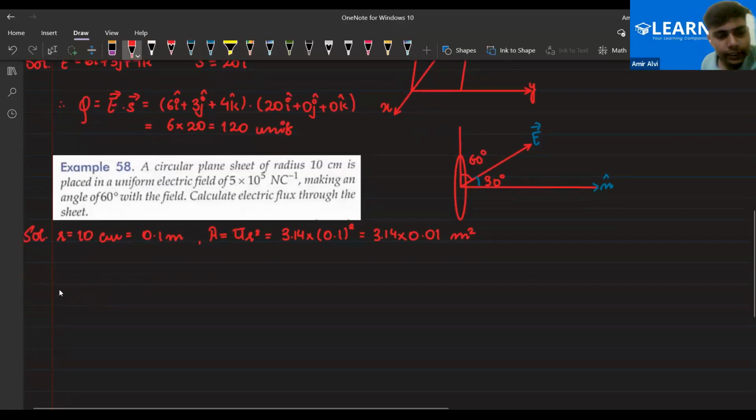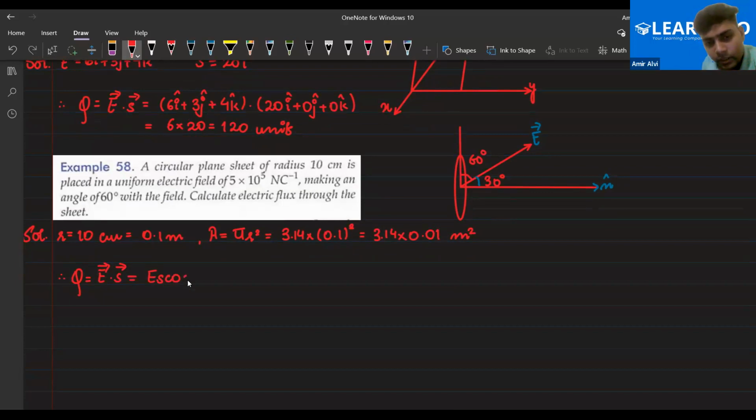So now let's calculate the flux. It is E dot S, which equals E S cos theta. E is 5 into 10 to the power 5, into 3.14 into 0.01, into cos theta. Theta is 30 degrees, so it's cos 30.